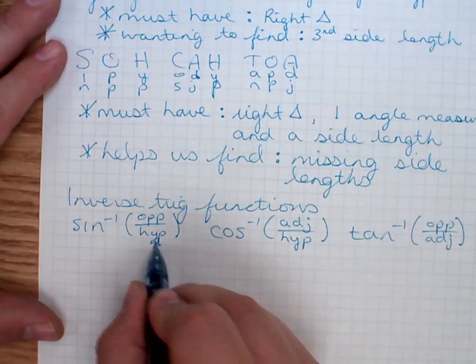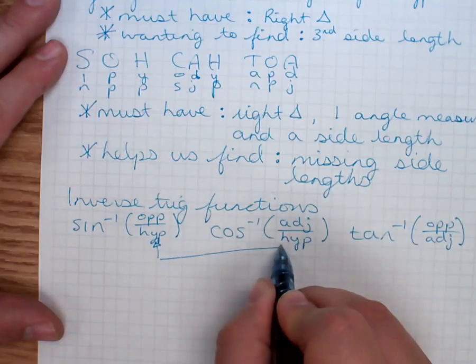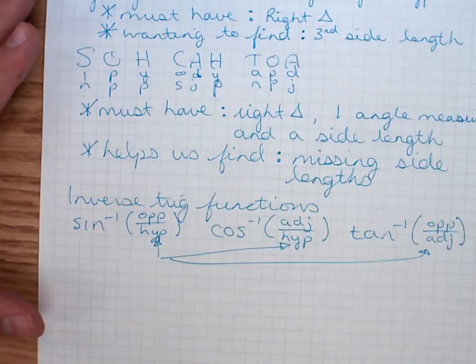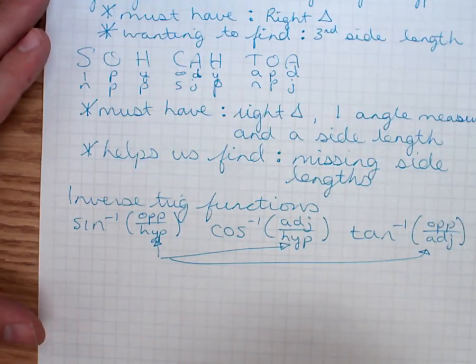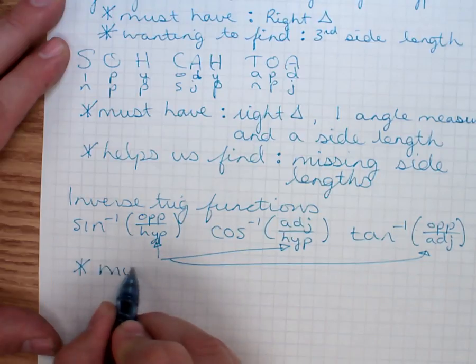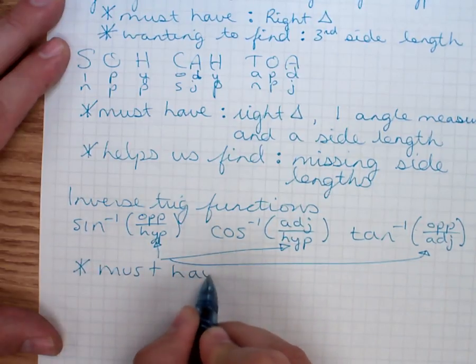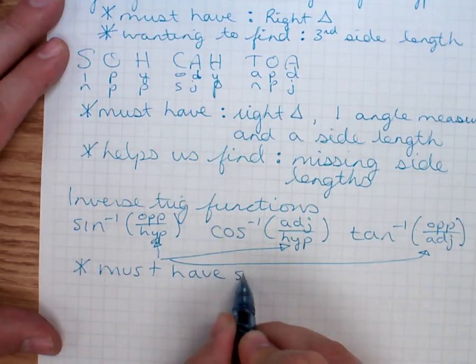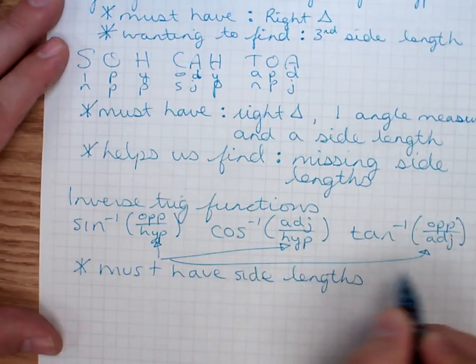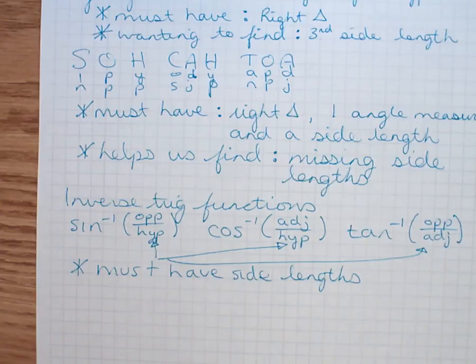And these are all side lengths. We must have side lengths. And then what about that triangle is special?